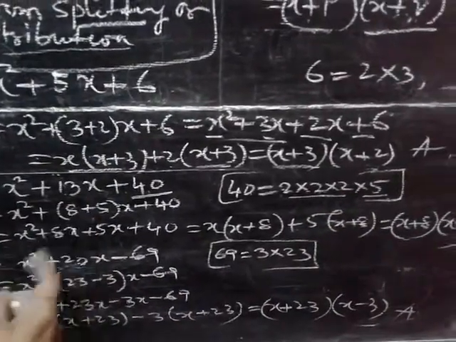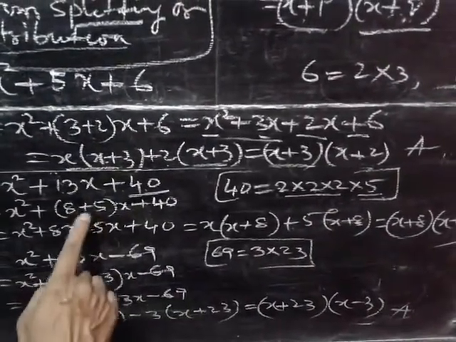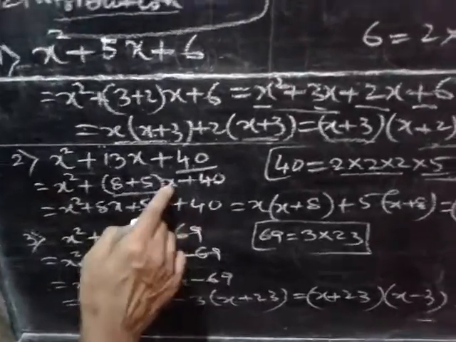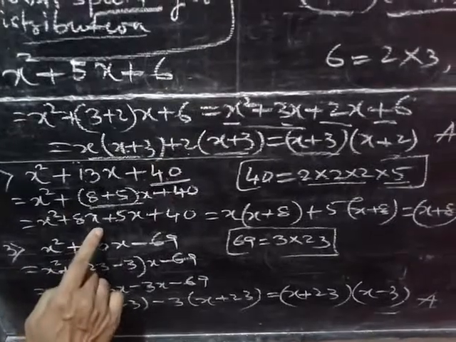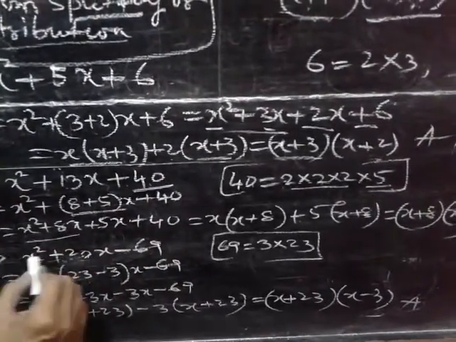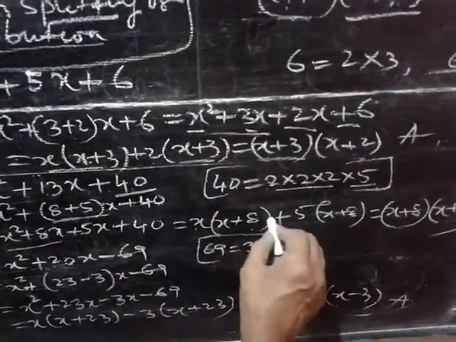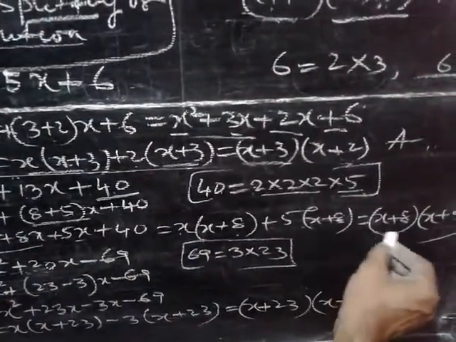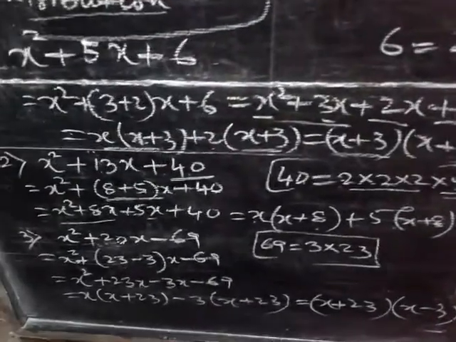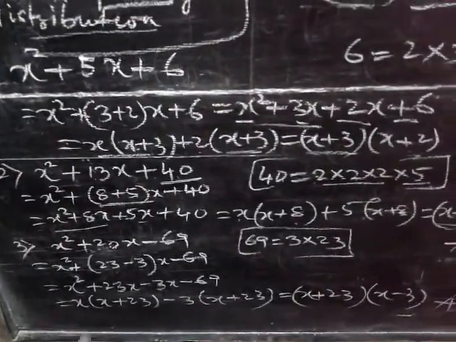So you can split 13 into 5 and 8. Therefore x square plus 8x plus 5x plus 40. From these two, x is common, and from these, 5 is common. So x plus 8 into x plus 5. This is your answer.